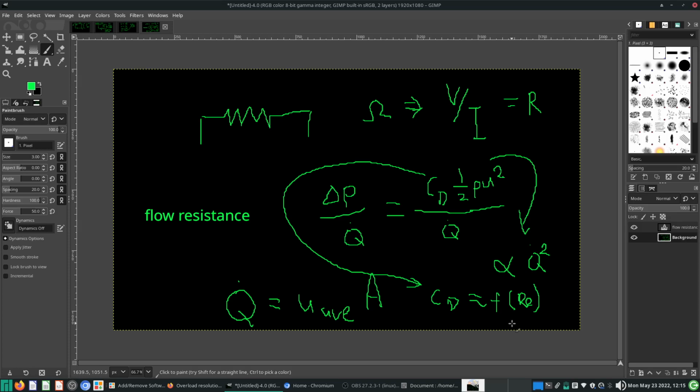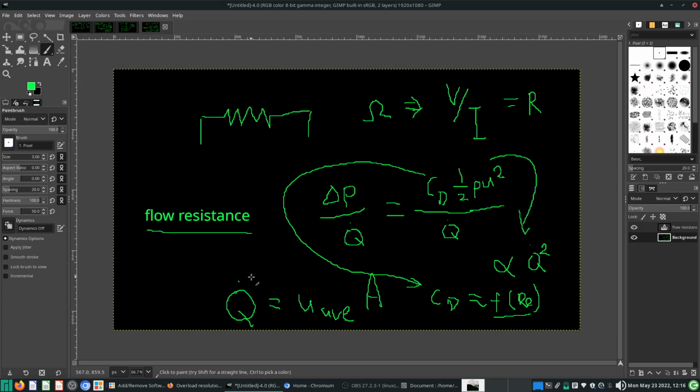Reynolds number is sort of proportional to Q, but not quite, because there's a U times X in it. But this function, for the most part, is non-linear. So there is some sort of non-linearity within flow resistance.